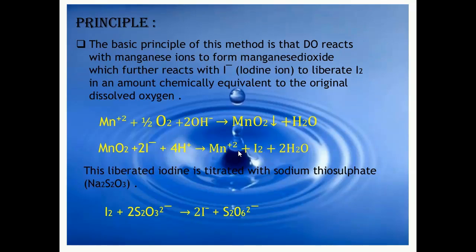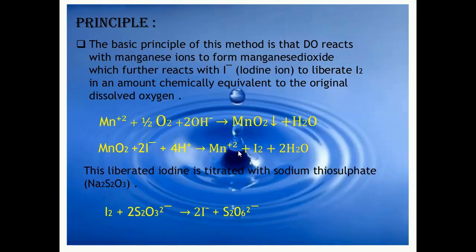The manganese reacts with oxygen to form manganese dioxide, which further reacts with iodide ion, since we are using an iodine indicator.